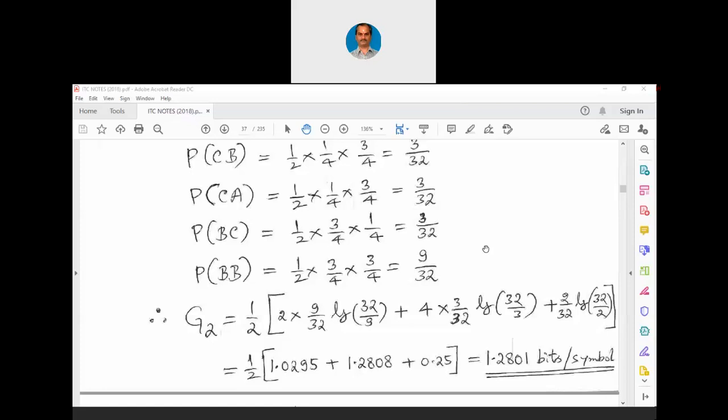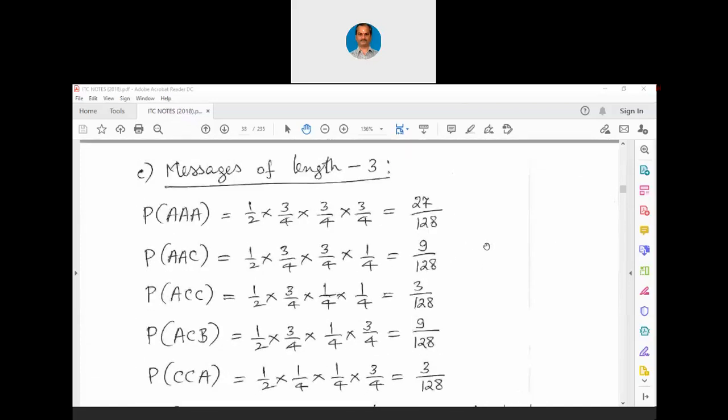That is the source entropy itself, which simply means that we need not be sending sequences of lengthier nature which will have a lesser information content. That is the idea of this Markov source exercise.